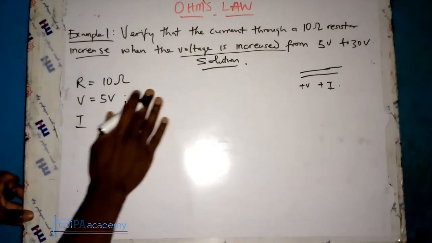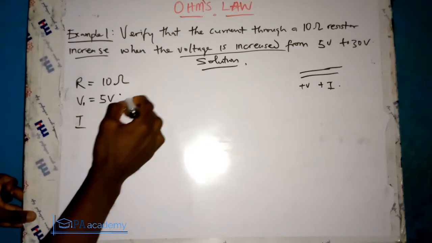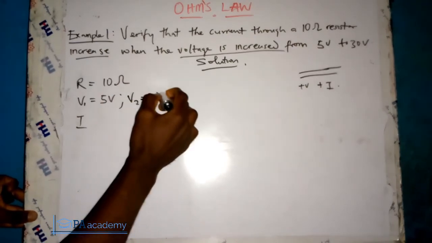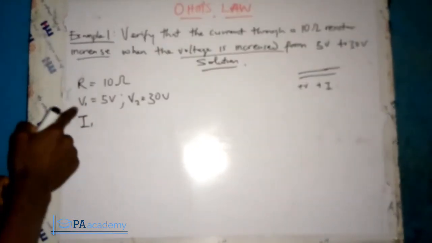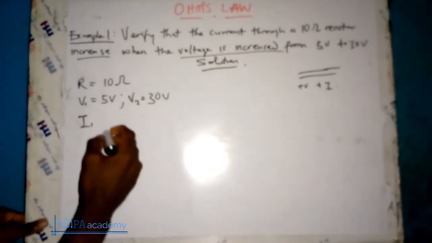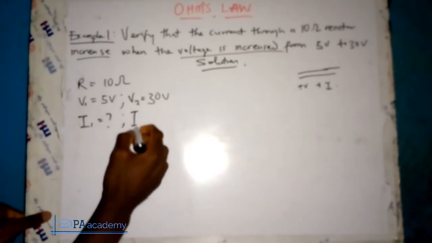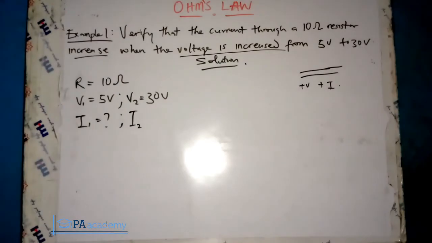So let me write this as our V1 is 5 volts, and our V2 is 30 volts. What we are calculating for now is the current, which is I, when the voltage is at 5 volts, and also the current when the voltage is at 30 volts.